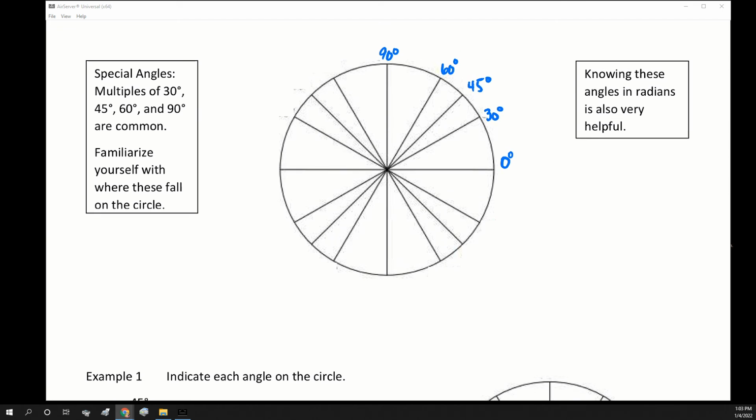So you guys take a second and fill in what angles you think that you know already, just knowing that they're multiples of 30, 45, and 60. Pause the video, and when everyone looks like they're ready, we'll start it back up.